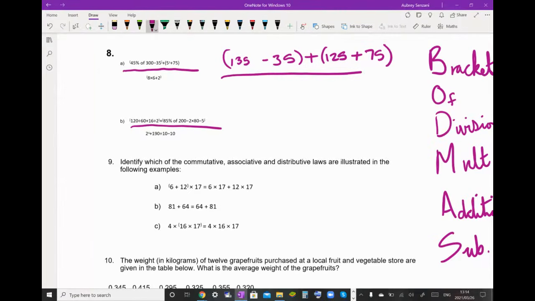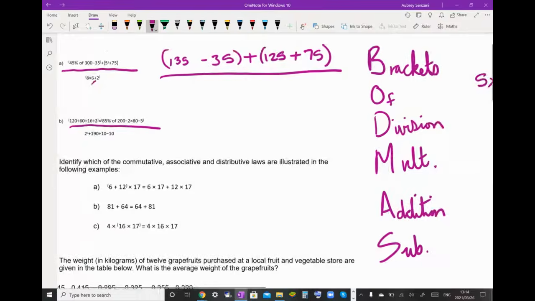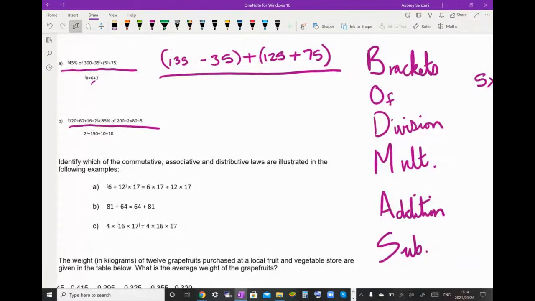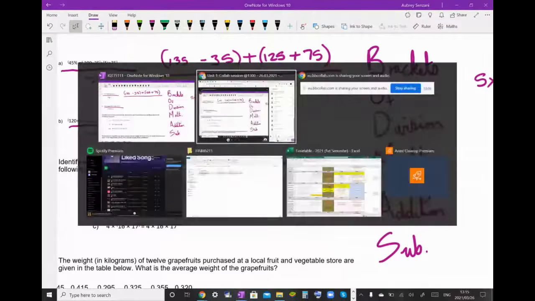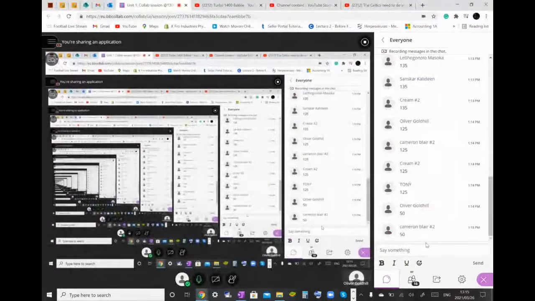Then divided by 8 times 6, plus 2. We know that multiplication, according to our BODMAS, we have to do before adding. So 8 times 6 is what? It seems you have added the 2 already.